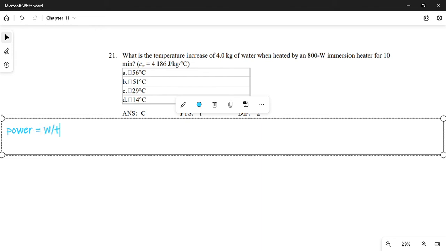That means work equals the power times the time. The power here is 800 times the time, which is 10 minutes, 10 minutes times 60, which is how many seconds in a minute. All this equals this number.